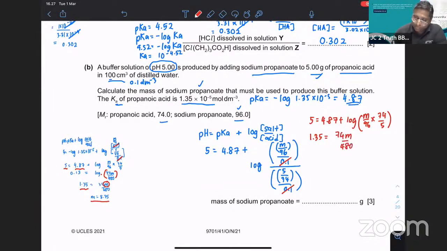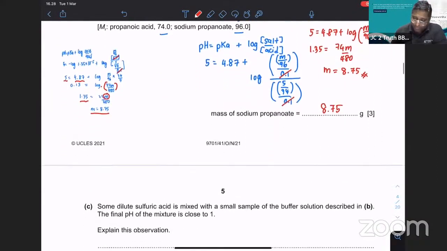You can try to solve this, and if you want to find the m, you will end up with 8.75 gram. So I will put 8.75 gram over here. That is going to be the mass of sodium propanoate. So let's move on.